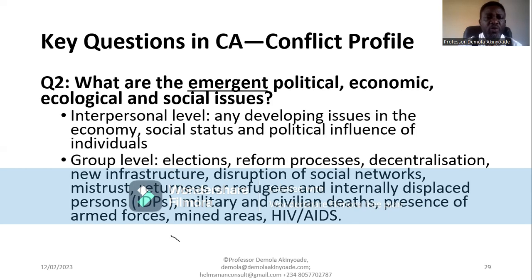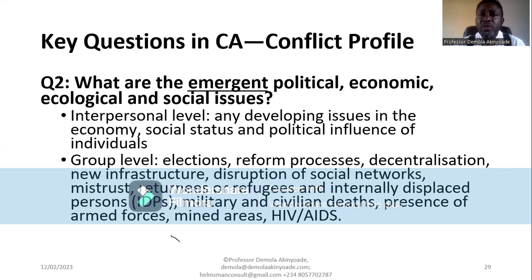For instance, specific questions we ask also include, are there emergent political, economic, or ecological and social issues? Are there things that are emerging, that are just developing? Are there reform processes? Are there things that the government is doing?